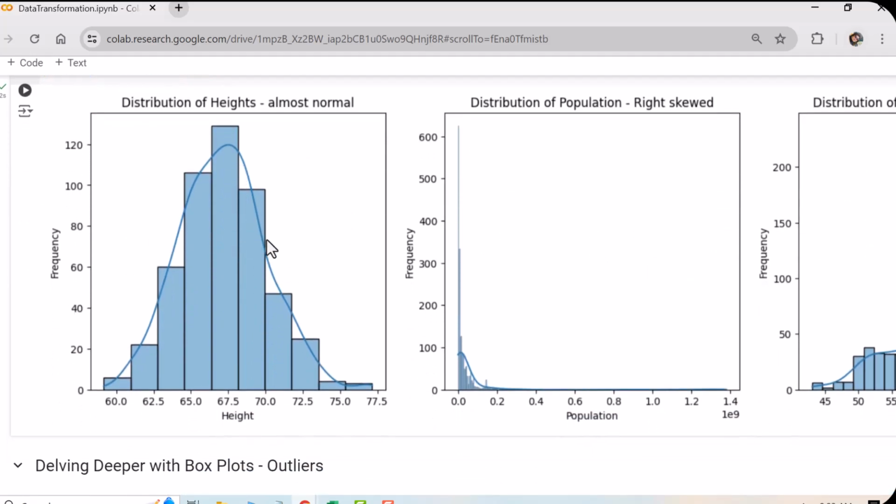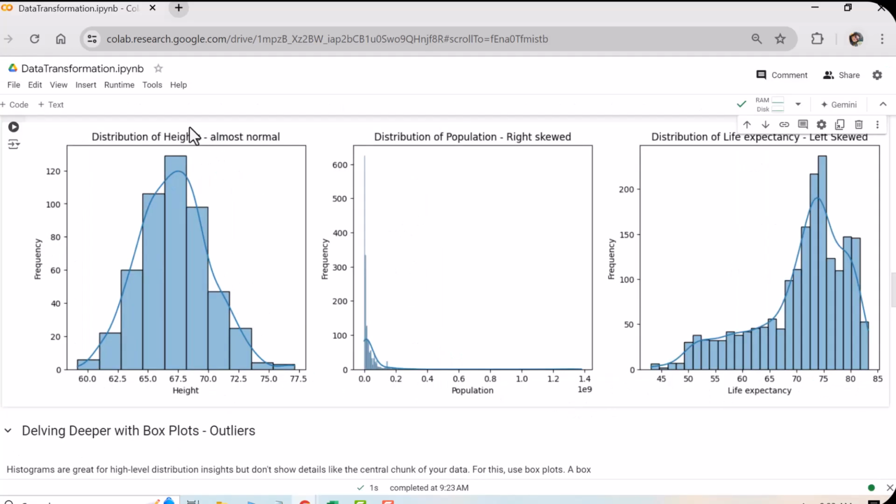Great. If you have a look at this, in the case of the height of boys, which we concluded is almost equal to a normal distribution, we can see the presence of a bell curve, which is almost symmetrical. That means it has mirror image data on the left and right side of the distribution.